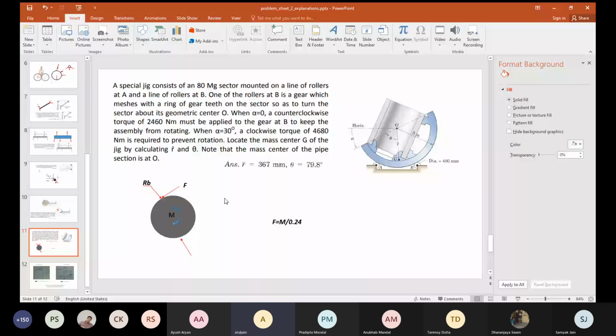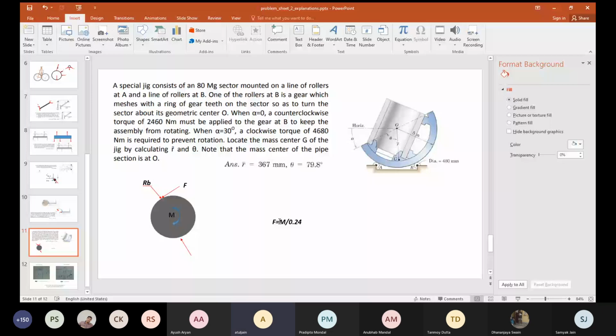When alpha is equal to 0, M is counterclockwise, meaning F direction is right. When alpha is 30 degrees, a clockwise torque has to be applied, so M is minus. Counterclockwise is taken to be positive. This way you can get the value of F.